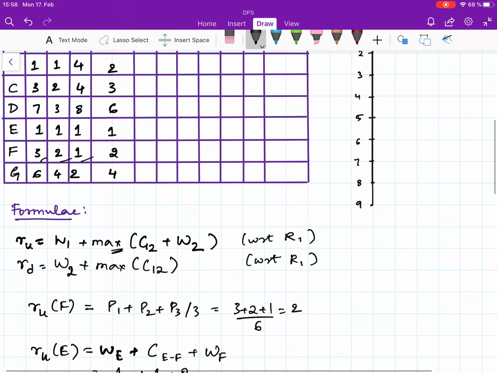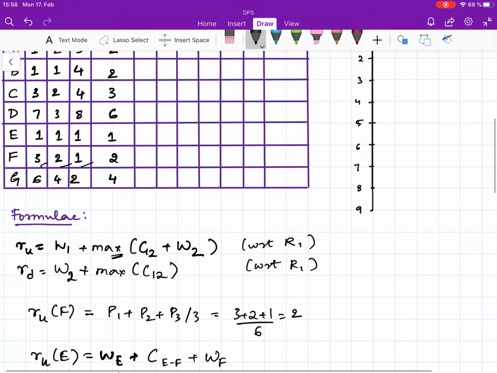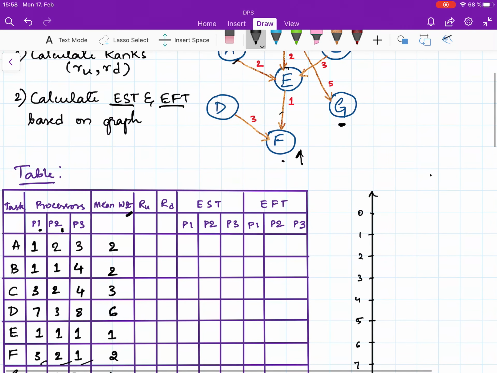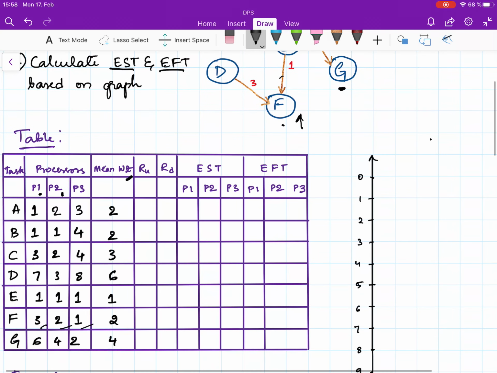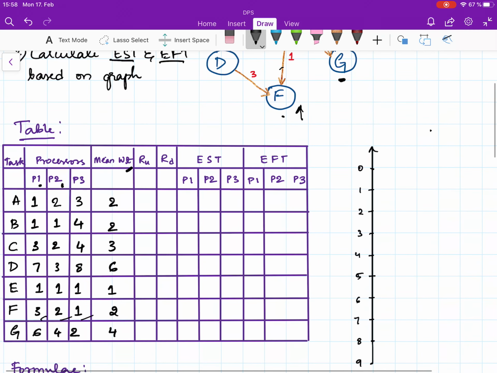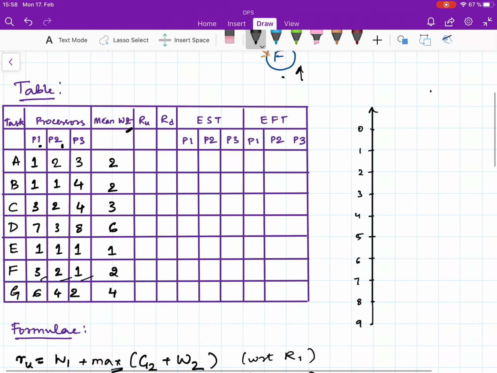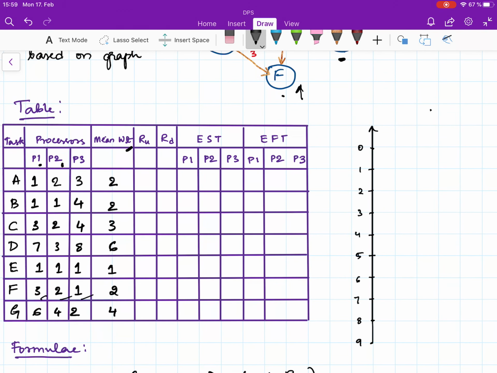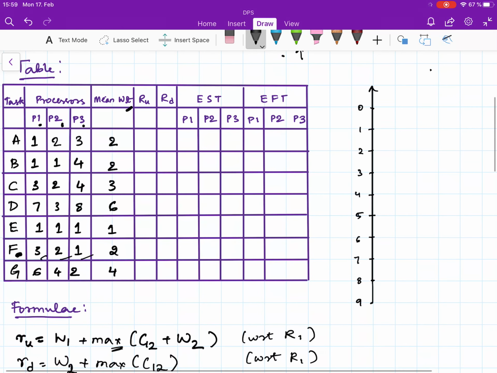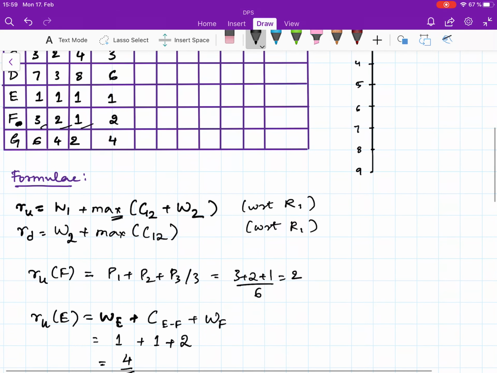So RU of F. Since F has no other tasks below it, there are no other tasks dependent on F. In such a case, you need to add the processor execution times, that means P1, P2, P3, which is given here, but this should be done for F. So you add 3 plus 2 plus 1 by 3, which is done here.